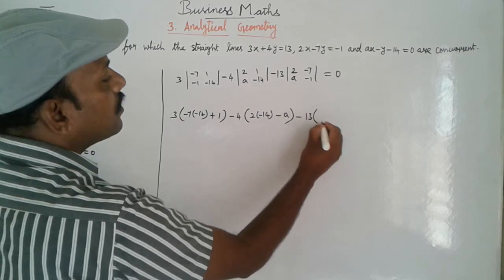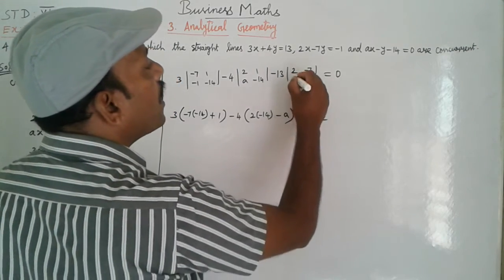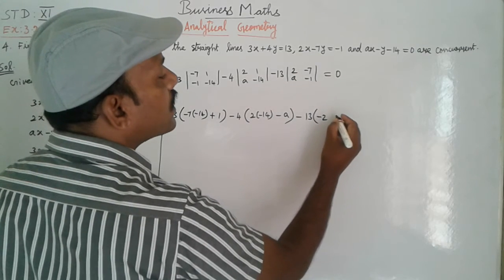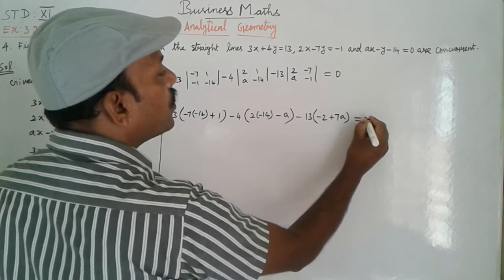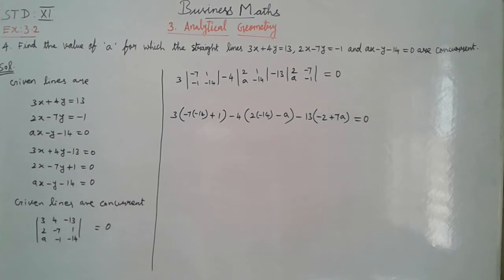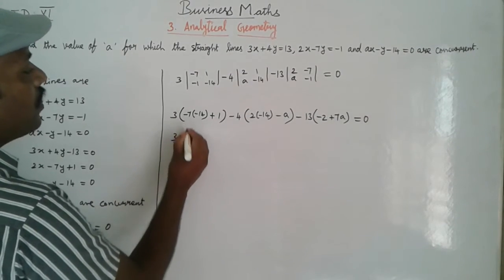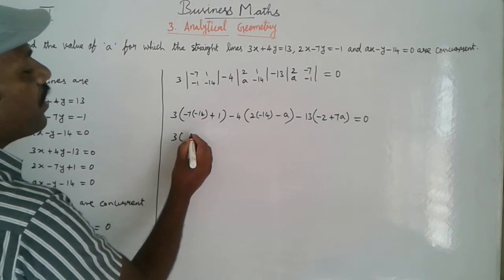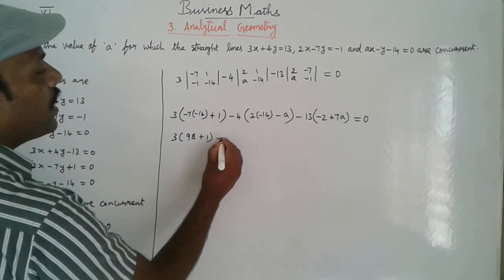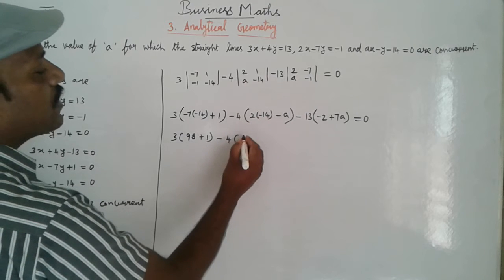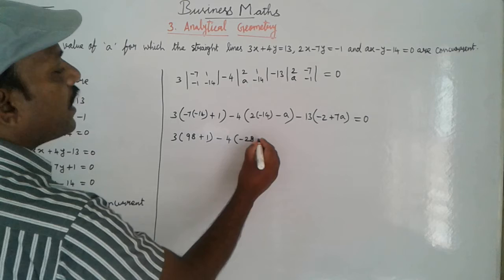Minus 13 times (2 into -1 is -2, and a into -7 is -7a, so minus into minus gives plus 7a) equal to 0.